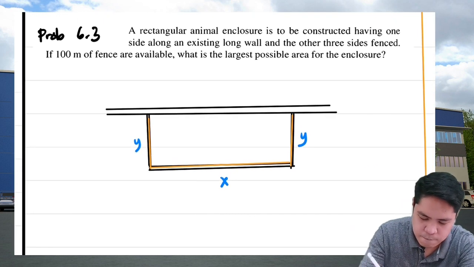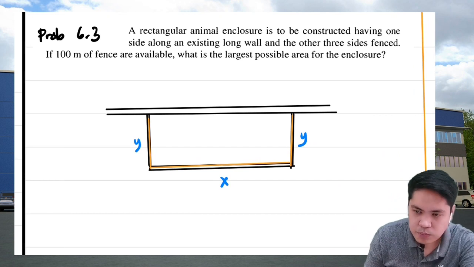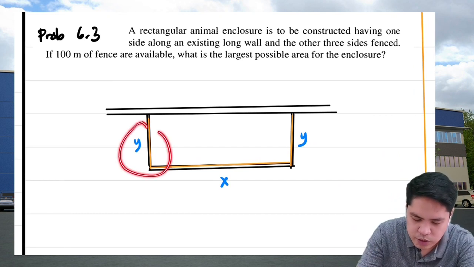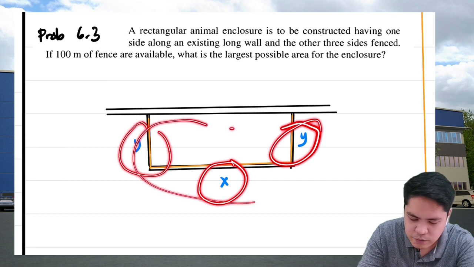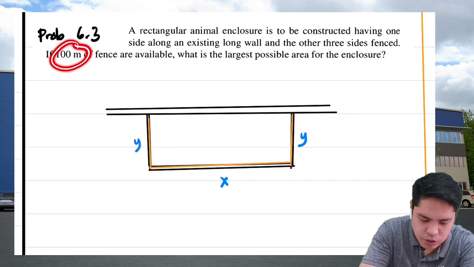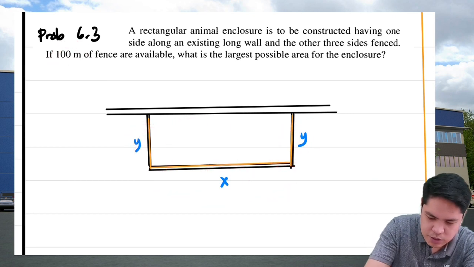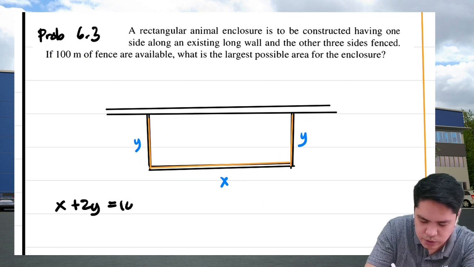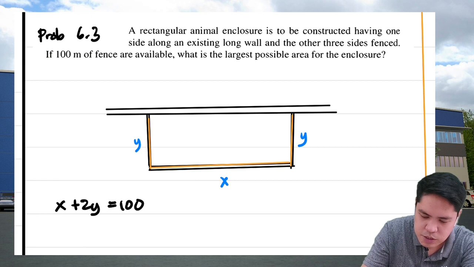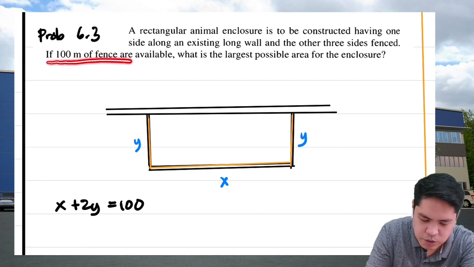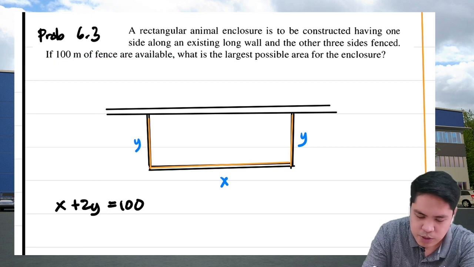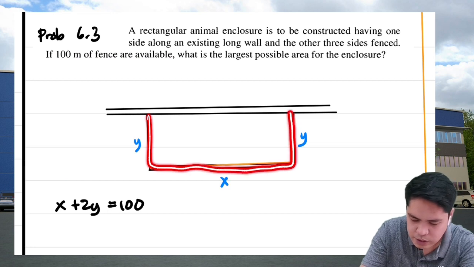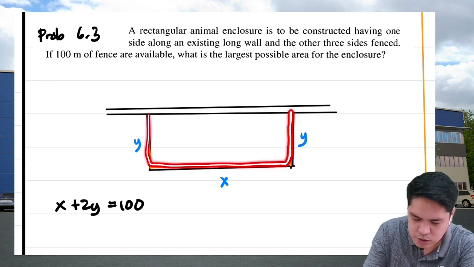Okay, now to express this in terms of the other, or to relate these variables through the constant, we say that x plus 2y is equal to 100. We just interpreted this. Ito, if 100 meter of fence are available. So meaning, if this is our fencing, the total of this is fixed at 100.